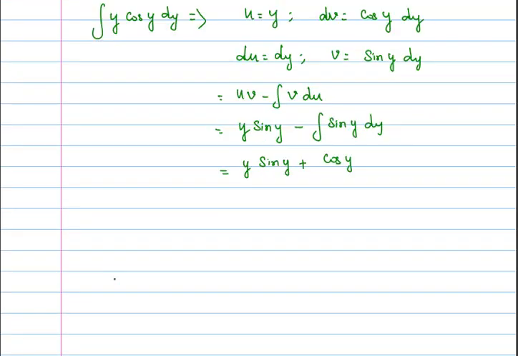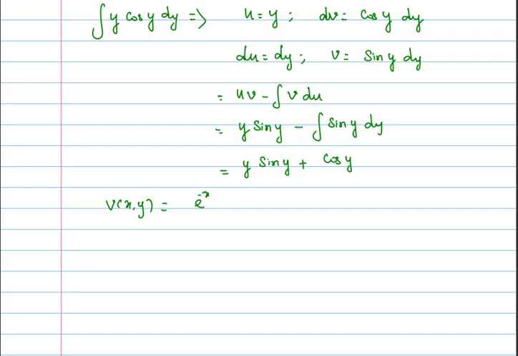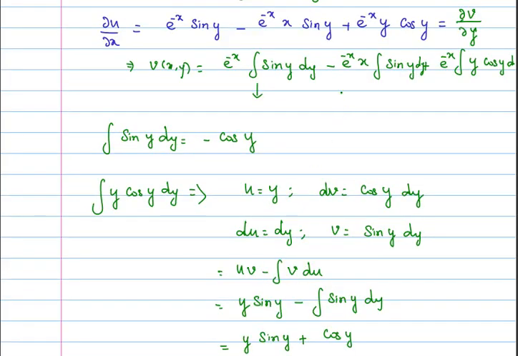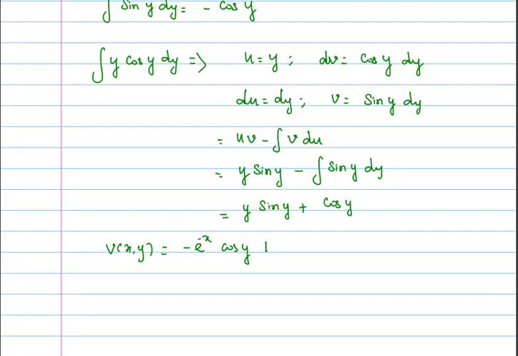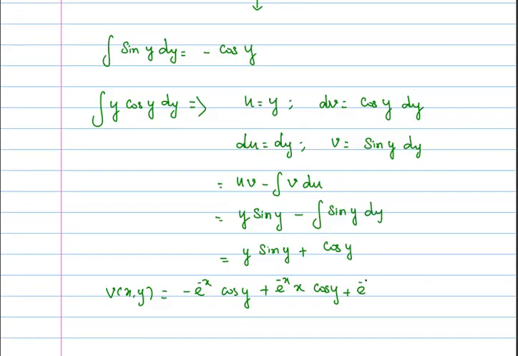Now applying this, v of x, y equals e^(-x) times minus cos y, minus times minus here gives plus e^(-x) times x cos y, then again plus e^(-x) y sin y plus e^(-x) cos y.